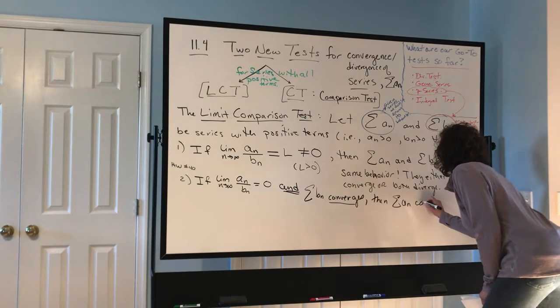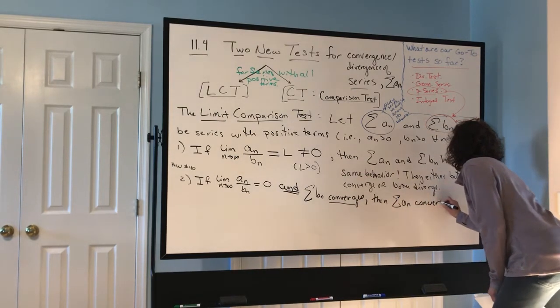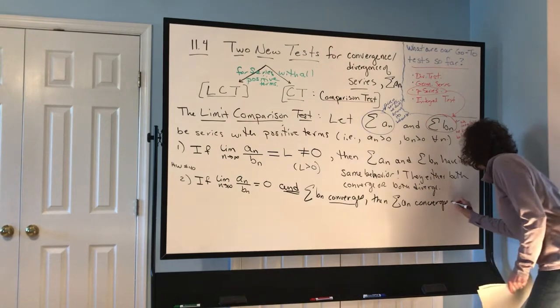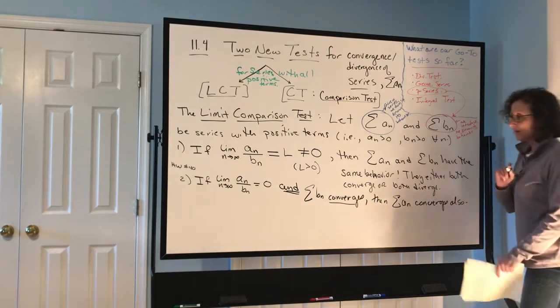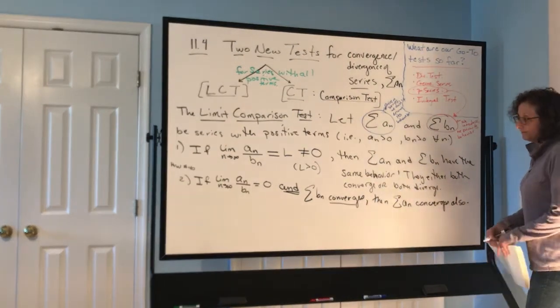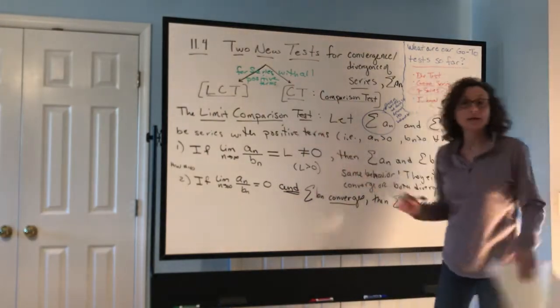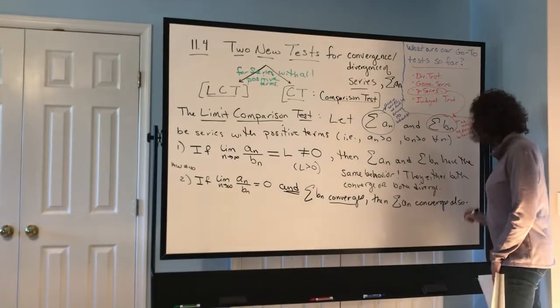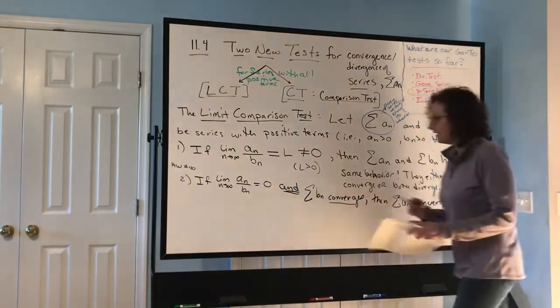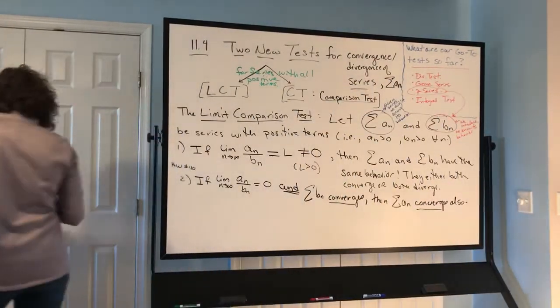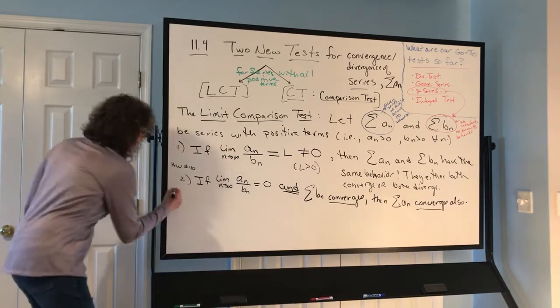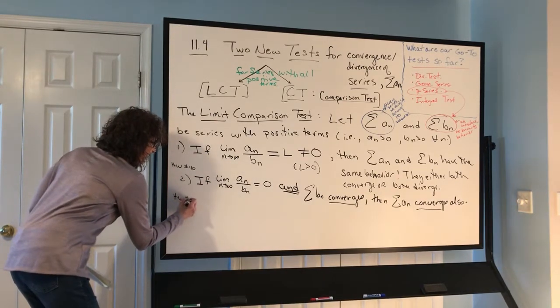An converges also. If your Bn diverged and you got the limit of 0, you're out of luck. You have to pick a different Bn. So what do you think the next piece is? Homework problem number 41.